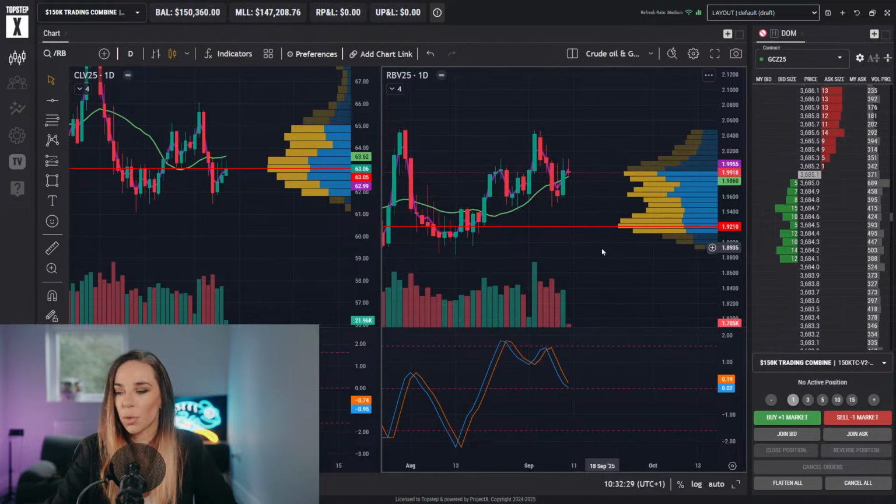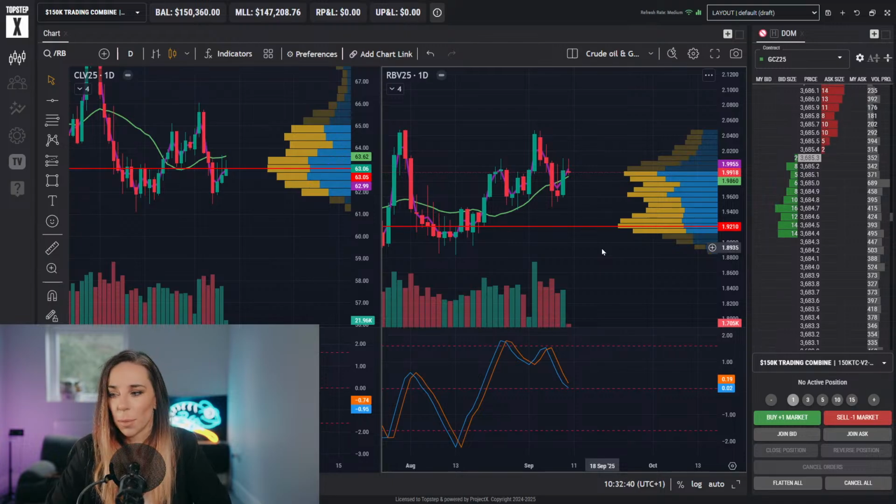And whenever I look at my stats, whenever I tried running long options on crude oil, they all expired worthless, most of them. But on the short side, not necessarily writing options, but even long puts, they always kill it. They absolutely kill it. So what does that tell you?